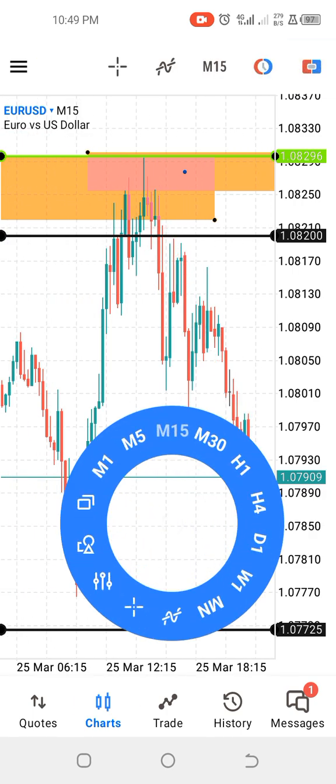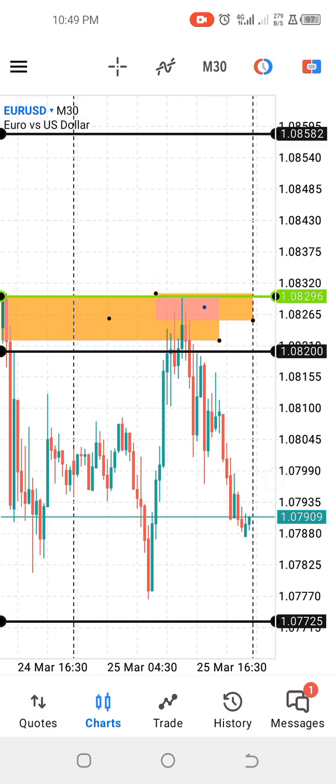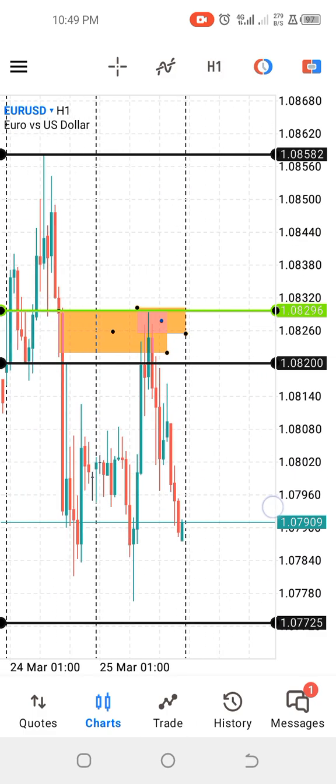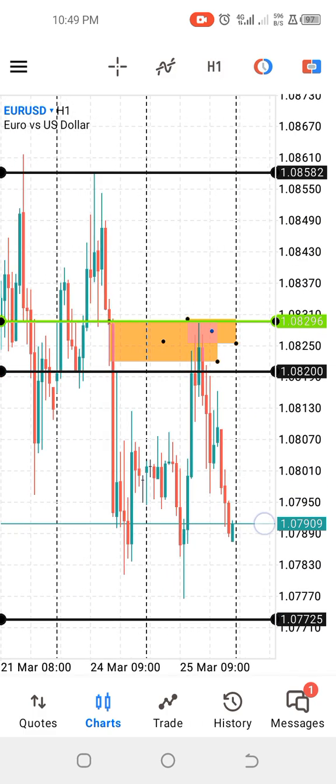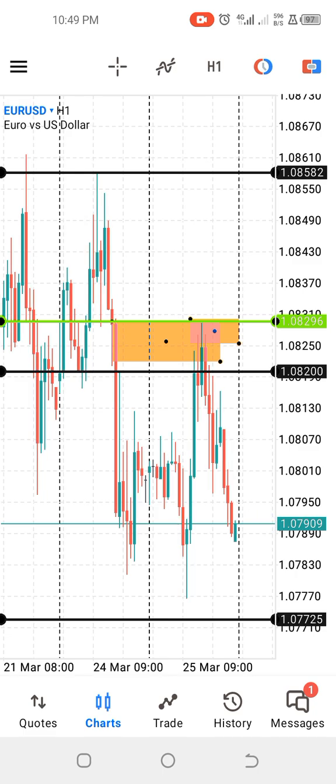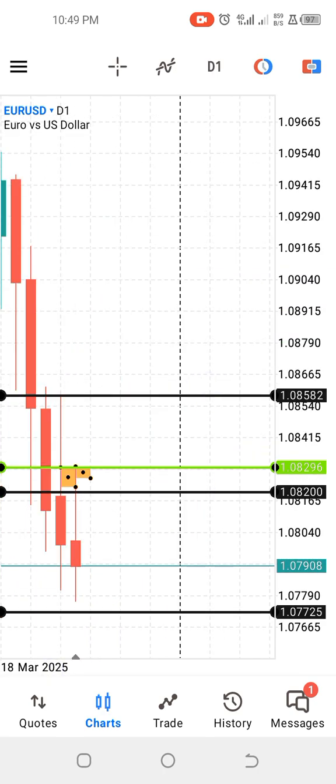That is how price normally likes to deliver, most especially when you are catching the direction of the day. The next day you just have to wait for price to retrace back to either your premium or your discount. In the case of Euro USD, it is very clear. You see the high and the low.